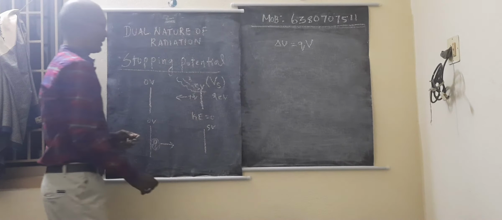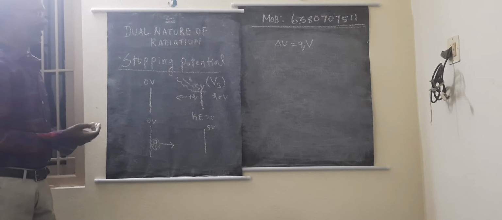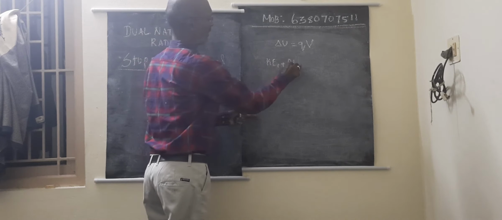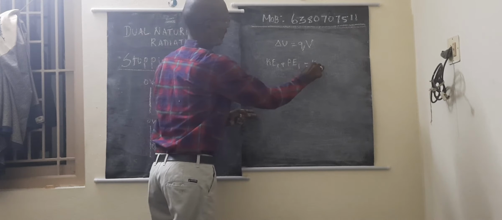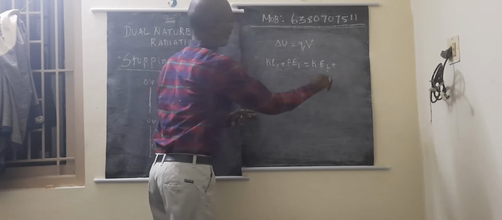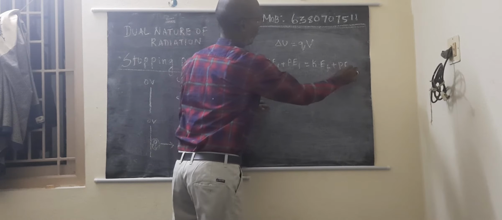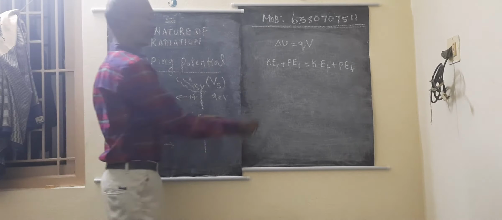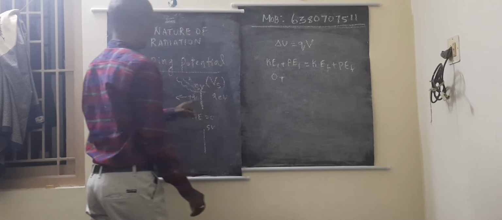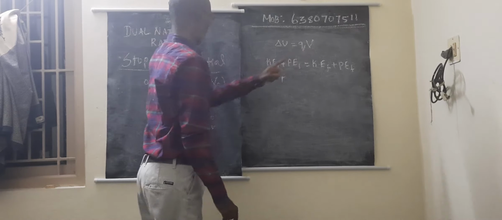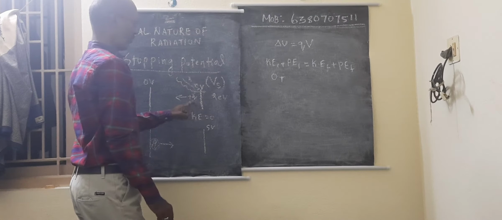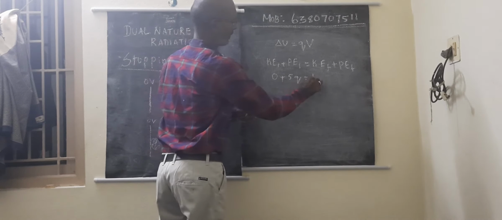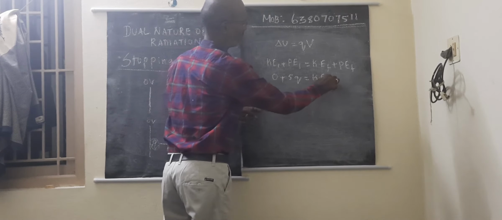Applying conservation of mechanical energy, kinetic energy initial plus potential energy initial is equal to kinetic energy final plus potential energy final. Here kinetic energy initially is 0, but potential energy is Q into V. Suppose the charge is Q and the voltage is 5, that is 5Q. The kinetic energy final we don't know.